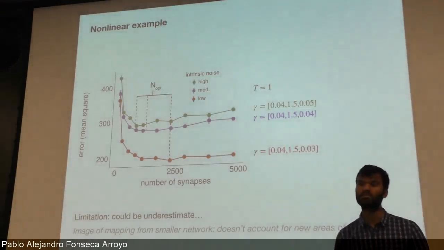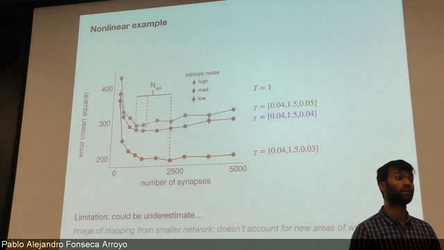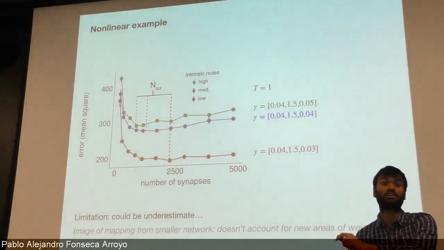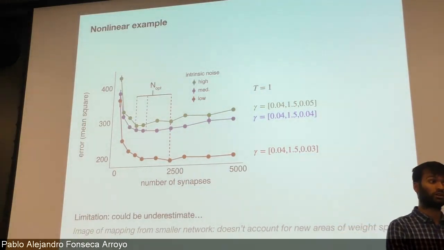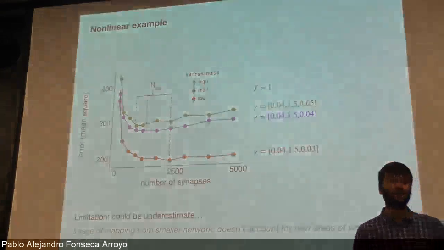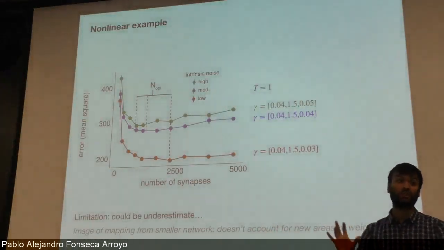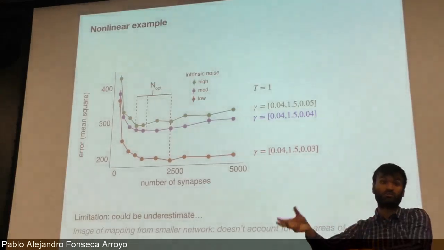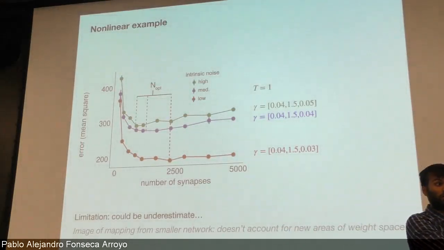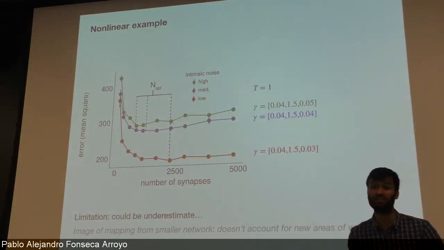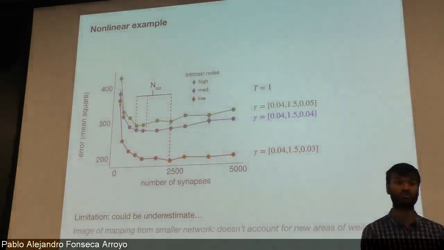The reason is a limitation I alluded to at the beginning, which is the fact that I'm only looking at network states of the transformed network in the image of states of the original network. If I add a lot of layers to my network, maybe that opens up whole new areas of weight states which are not isomorphic, which I can't transform back to the smaller network. And maybe those have very low local task difficulty. Maybe I open up new, really nice flat directions of my space.